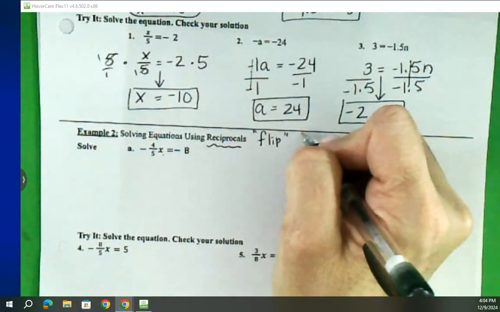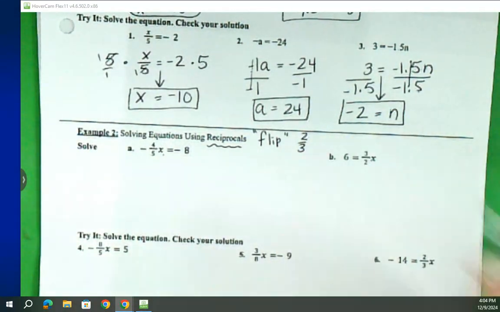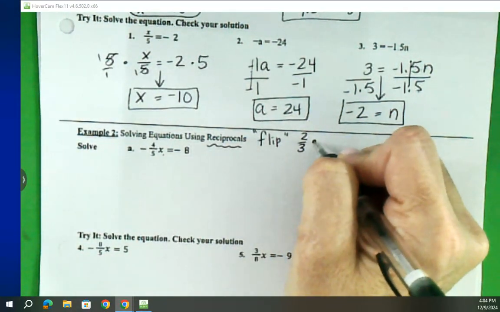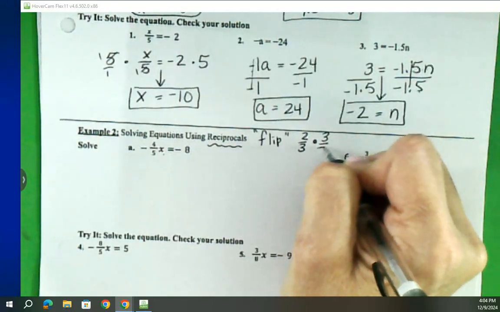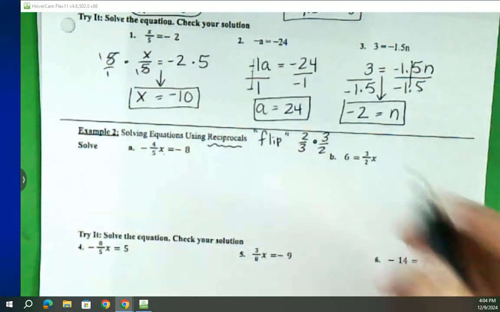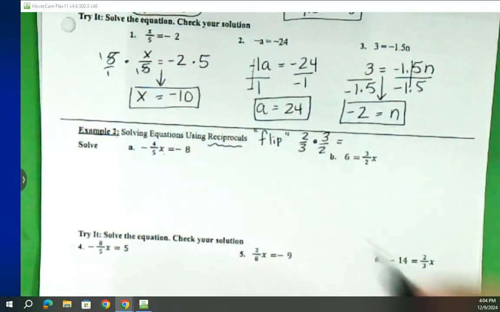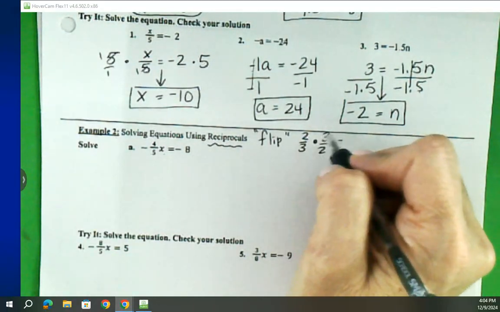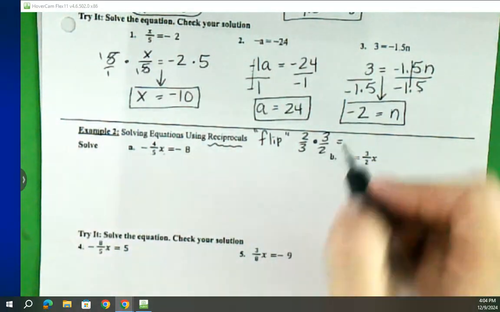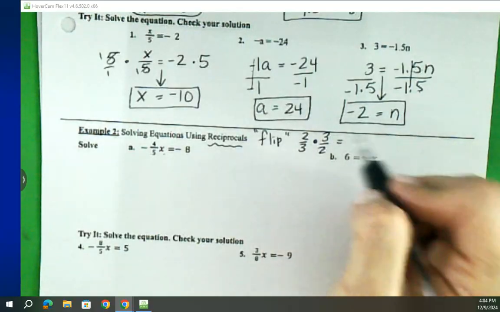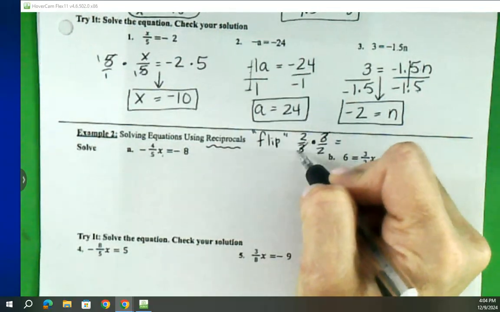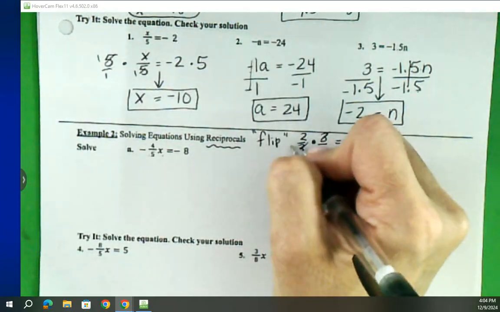So for example, if I have 2/3, if I multiply that by its flip or its reciprocal, 3/2, okay, we can see that, I'm sorry, not cross products, but simplifying by a common factor. 3 goes into 3 once.